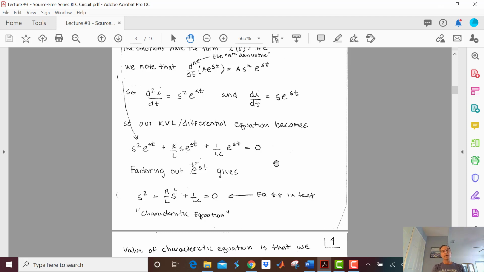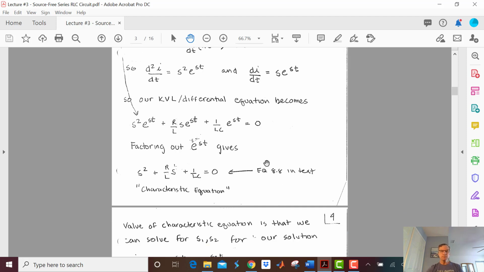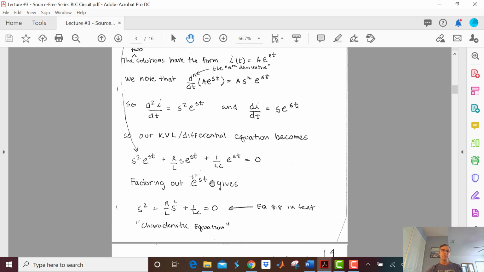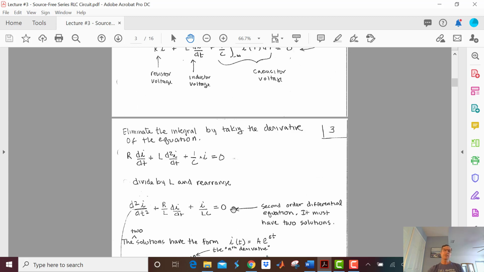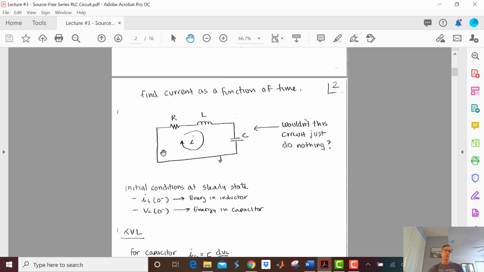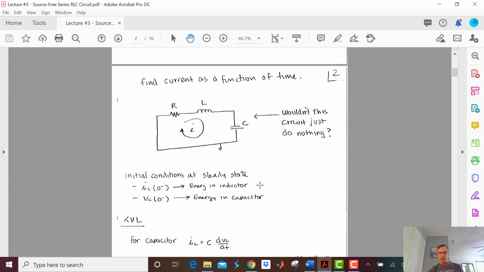And I want to describe a little bit about what the characteristic equation really is, because we started up here and we said, here's this circuit. And I said, hey, wouldn't it just do nothing? And then, oh no, it could have some initial conditions. It could have some current, it could have some voltage, and so on.